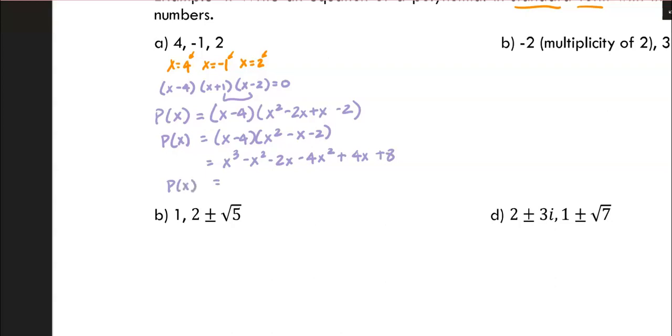After we've simplified it, P of x equals x cubed minus 5x squared plus 2x plus 8.